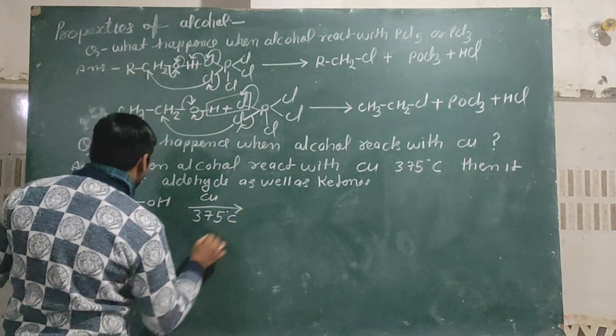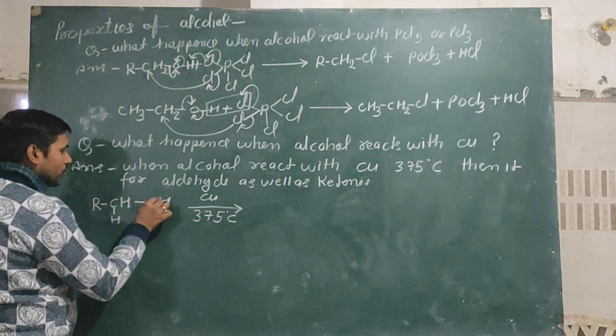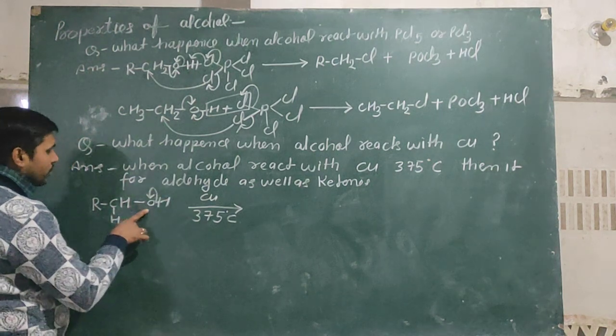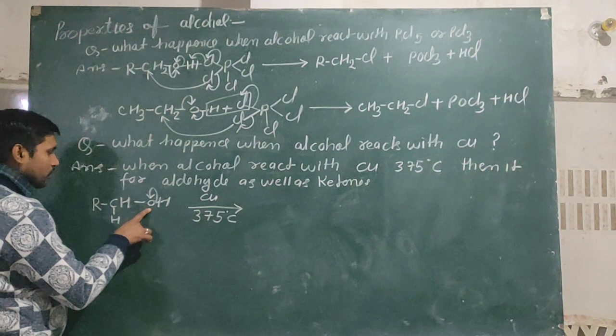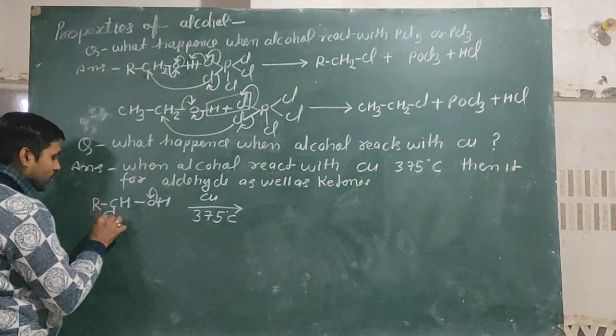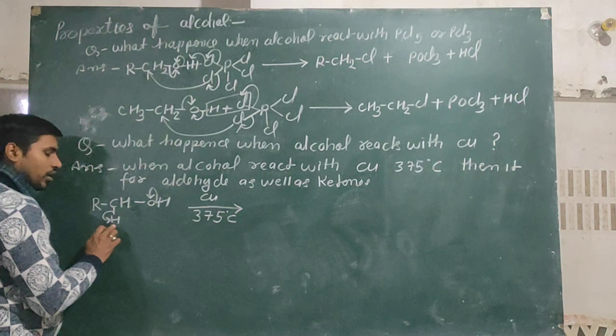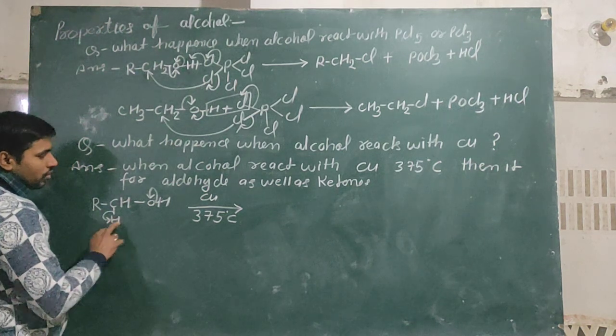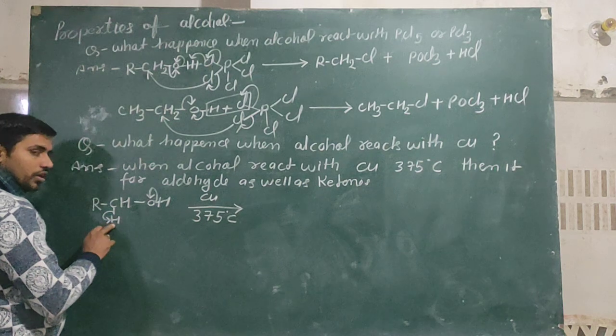375 degrees centigrade. Firstly, this bond breaks toward the oxygen atom. Due to this, oxygen forms a negative charge, and this bond breaks toward the hydrogen atom. As a result, there is a positively charged hydrogen and a negatively charged hydrogen.